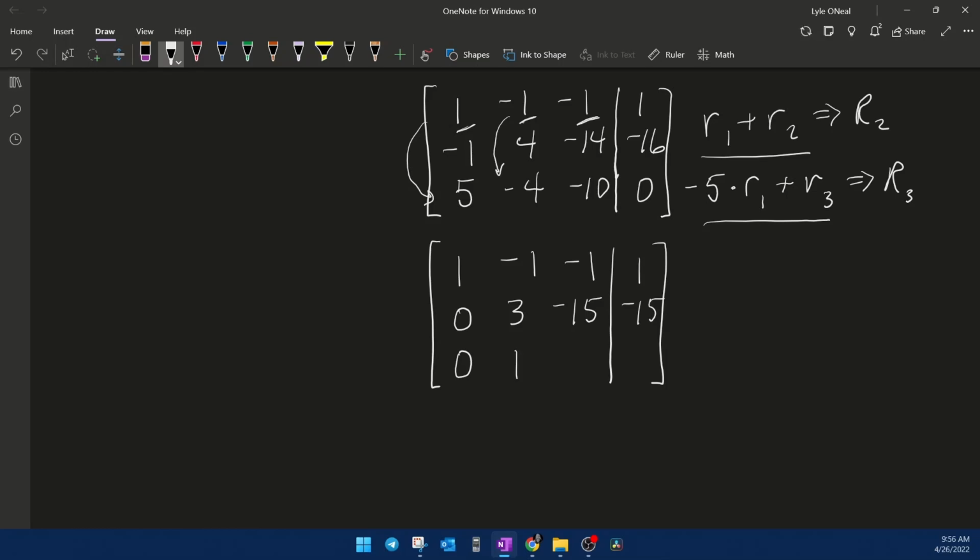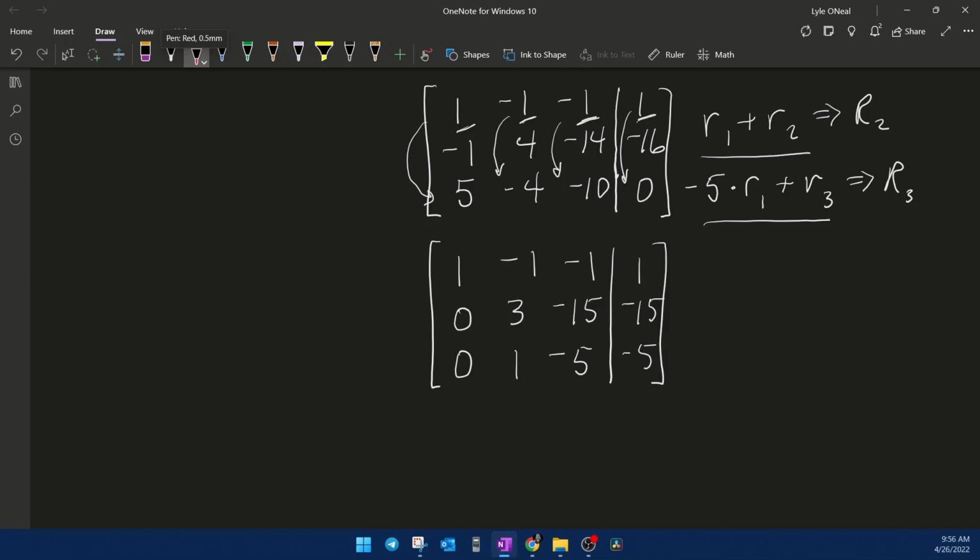Next, negative 5 times negative 1 is 5. 5 minus 10 is minus 5. And one more time, 1 times negative 5 is negative 5. Negative 5 plus 0, negative 5. And we're done with those two row operations.